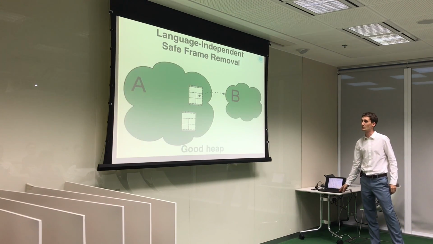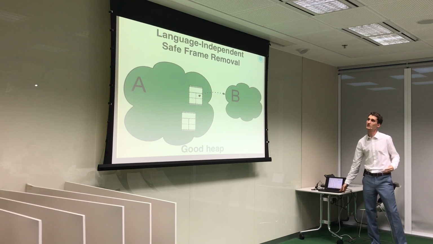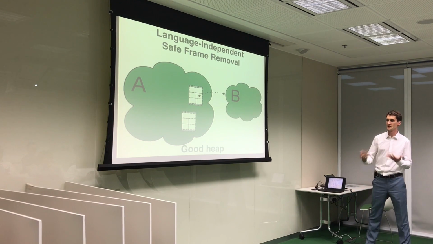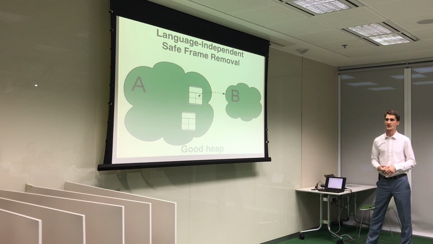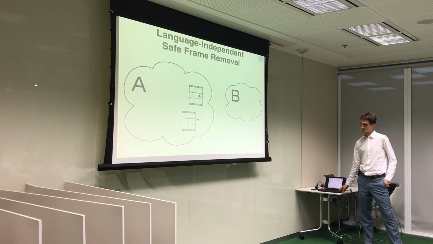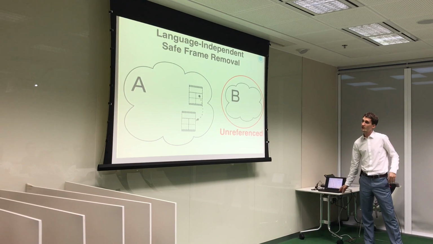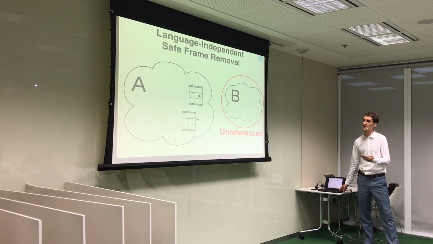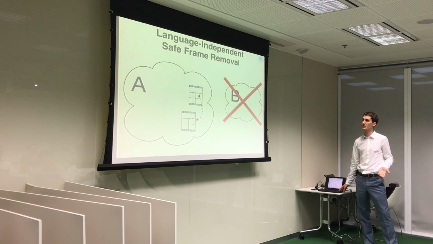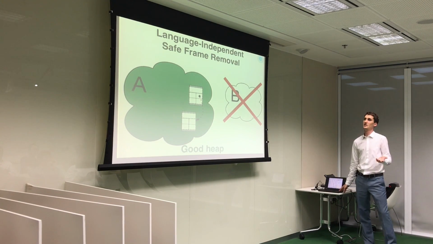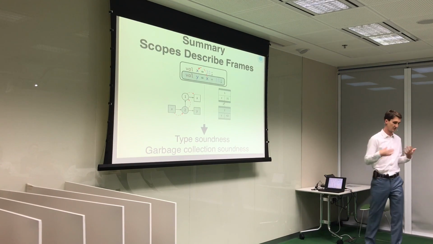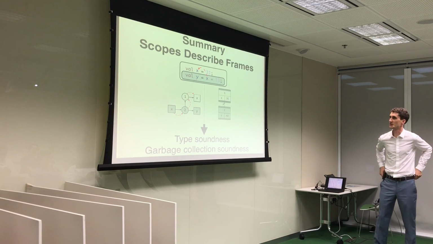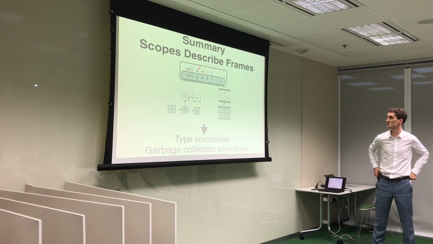So that also gives you a high-level idea of what your garbage collector would look like, for example. So that's the frame referencing outside of the frame referencing inside A. Then B is not referenced anymore in your current frame view, and you can get rid of it safely, and that gives you a proof that your language is correct. So that's more or less it.